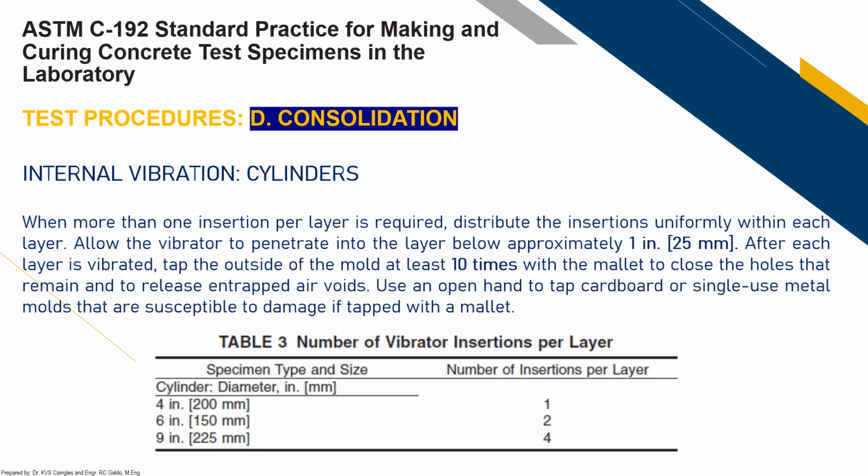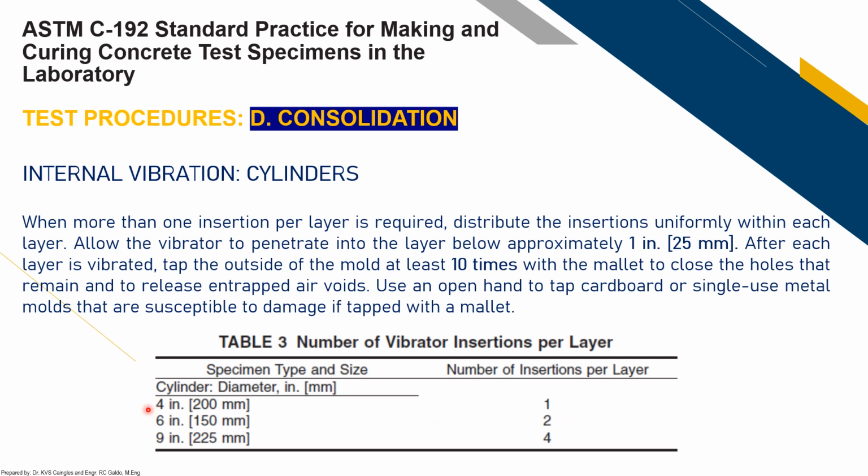And same lang gihapon sa rodding nga iyahang number of vibrator insertions per layer is determined also by the diameter of the cylinder. So for example, kung naa kay 6 inches nga diameter nga cylinder mold, then you will have to insert 2 times your vibrator diha sa imuhang layer sa imong concrete per layer.